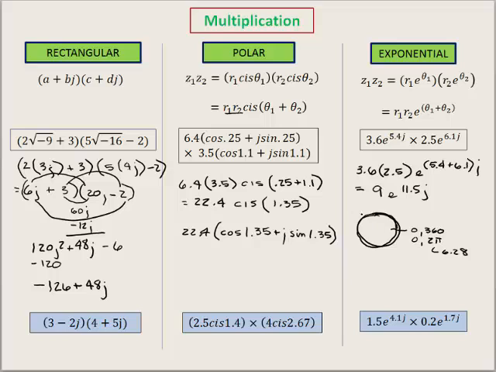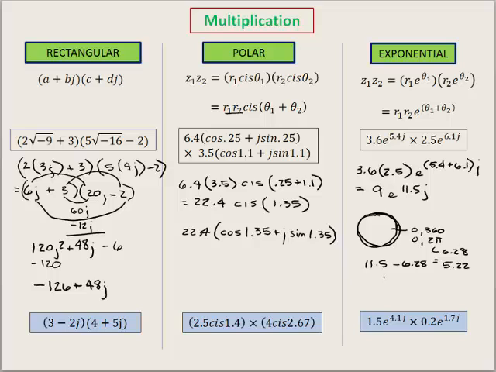Well, we don't want to specify our ending exponential format with 2 revolutions. So what we need to do is take that 11.5 and subtract 6.28, and we get 5.22. So that way we're only going around the circle 1 time.